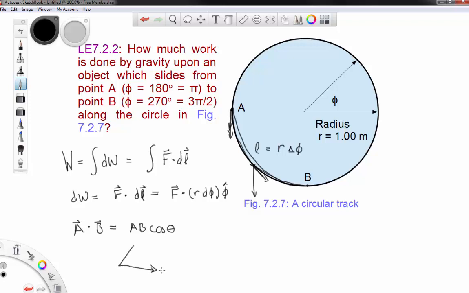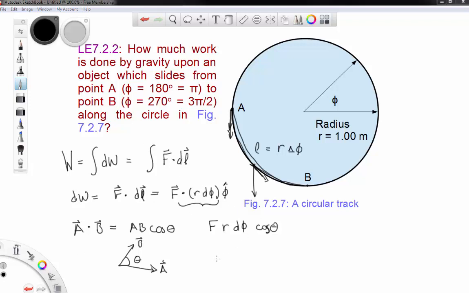So, for example, if this is the A vector and this is the B vector, then this angle right here is theta. So what we need to do at this point is this dot product right here basically becomes F times r times d phi times the cosine of some angle between F and r.